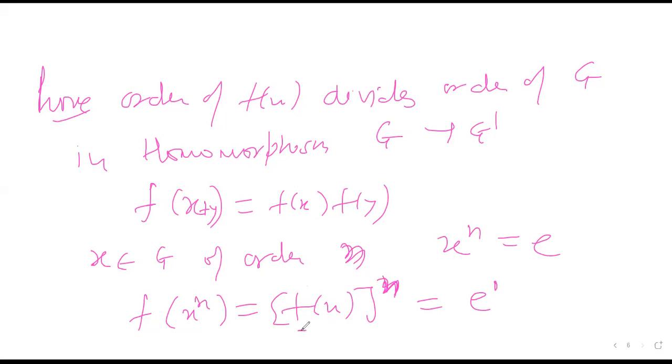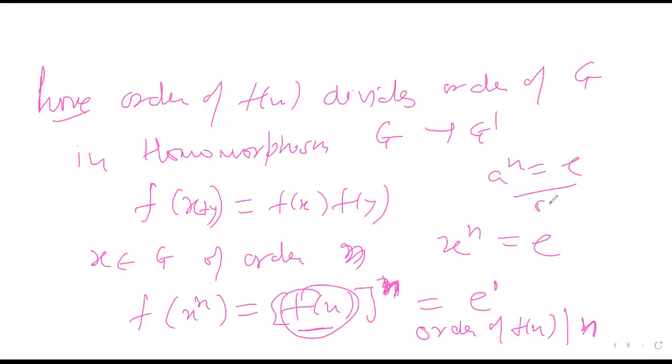Then it means that the order of Fx must divide n, because if a to the power n equals e, it means the order of a divides n. It is a well-known theorem, and from this we can say that the order of the image divides the order of the group.